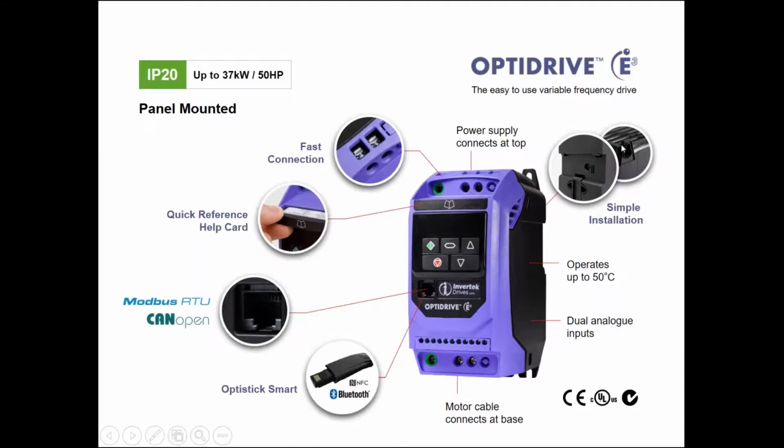Also, for the installation, you have two options. You can mount it on a rail, a standard DIN rail, but of course you can mount it directly on the control cabinet plate with screws, basically as any inverter in the market. But you have both options with the Optidrive E3, also with the P2 drive.